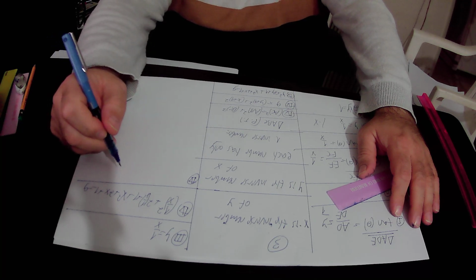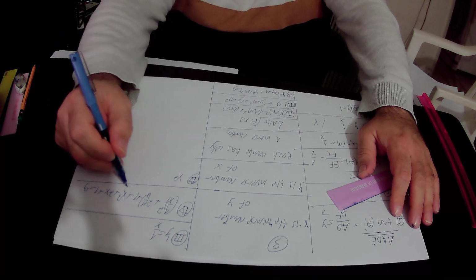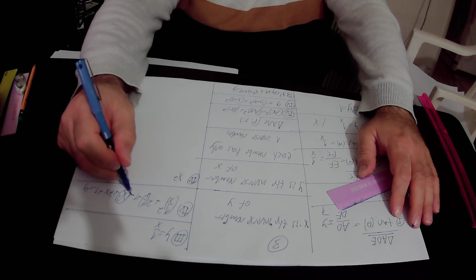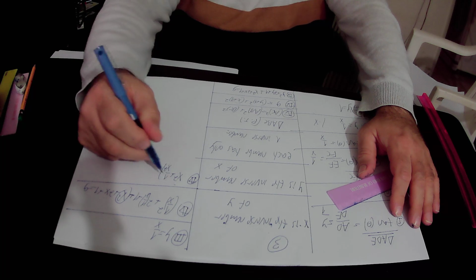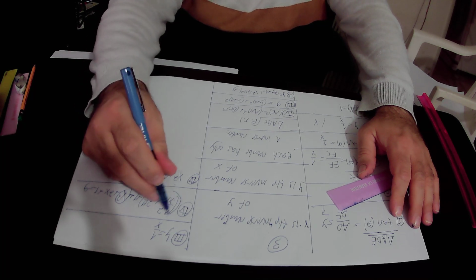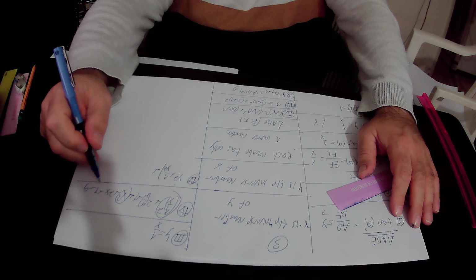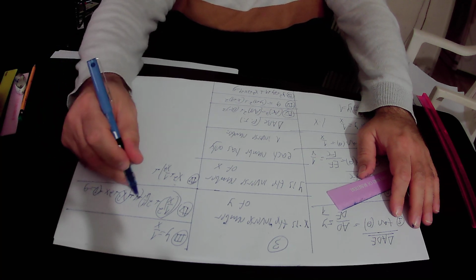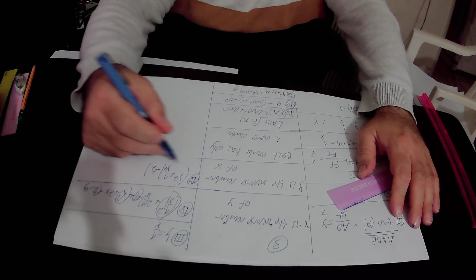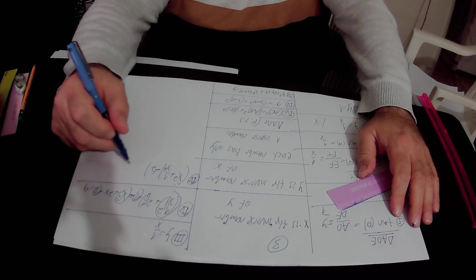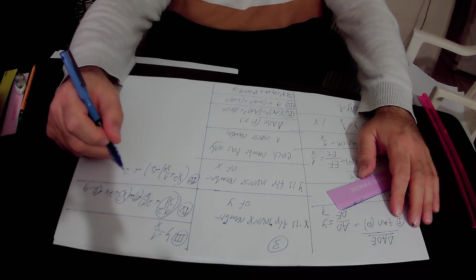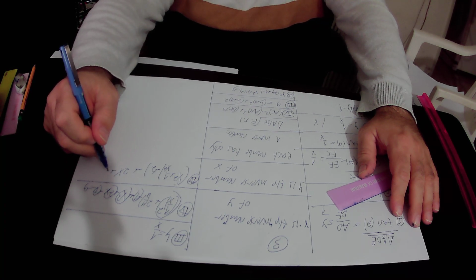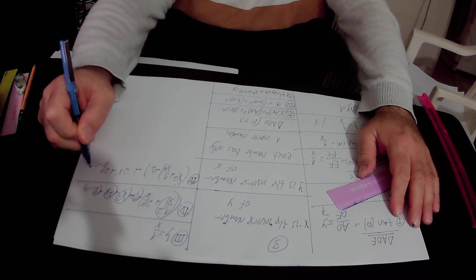Here we have x squared plus 1 over x squared plus 1 plus 1 is 2, plus 2x plus 2 times 1 over x equals 9.